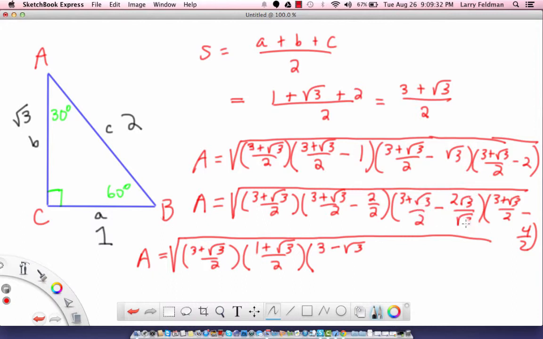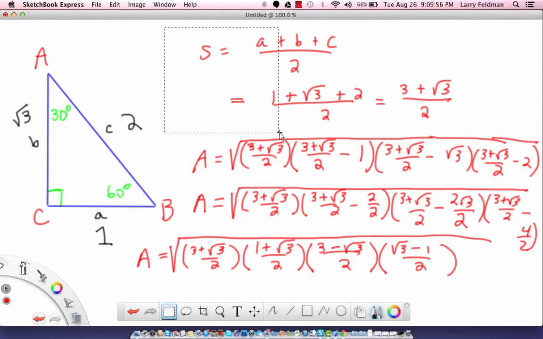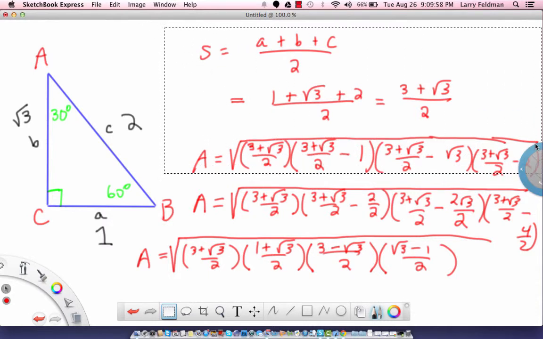Sorry about that. Three minus root 3 over 2 times root 3 minus 1 over 2. Okay, this doesn't seem to be getting any easier, but I assure you it will.